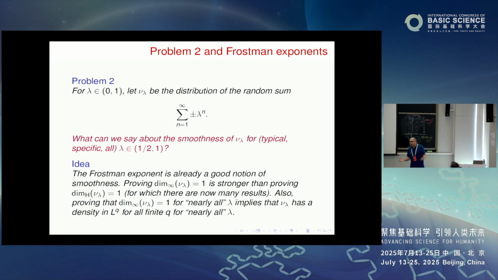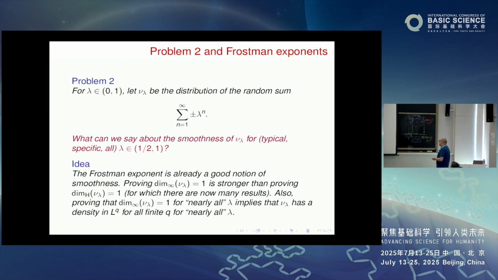I haven't defined Hausdorff dimension, but morally speaking, in Frostman exponent, we want to control the measure of every ball. In Hausdorff dimension, we want to control the measure of almost every ball, that is, balls with almost every center, where almost every is with respect to the measure itself. There are very strong results nowadays for this. And the question is, can we improve on this? Proving that the Frostman exponent is 1 is stronger than proving that the Hausdorff dimension is 1, because it means you have control of every ball rather than almost every ball.